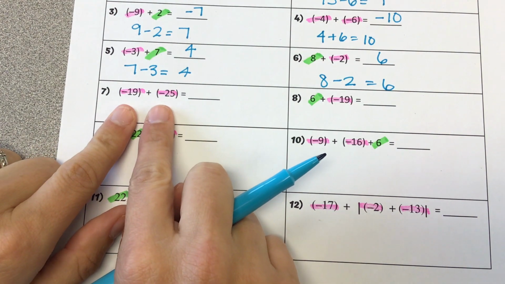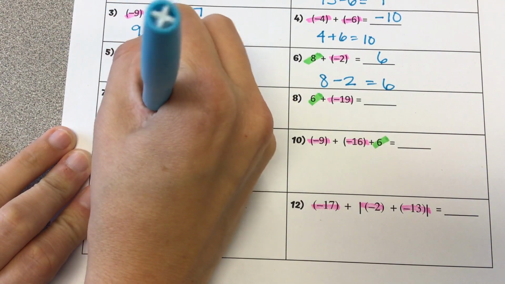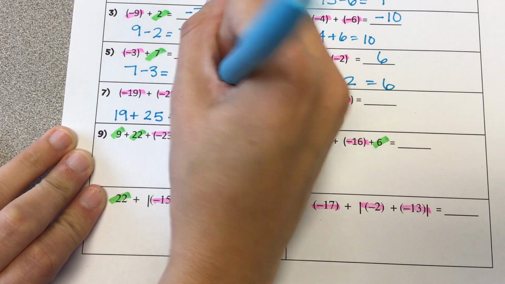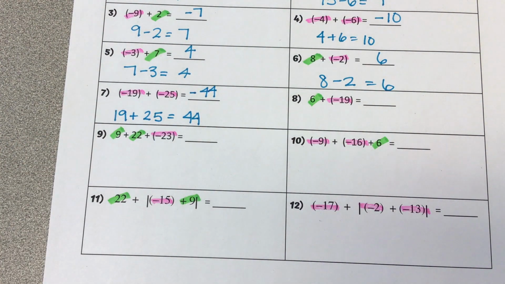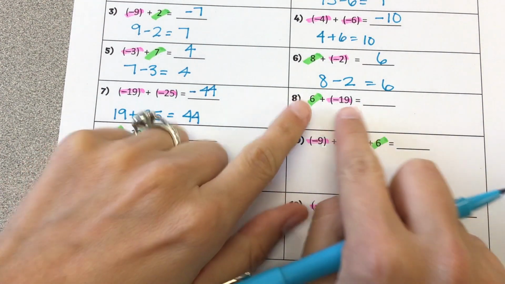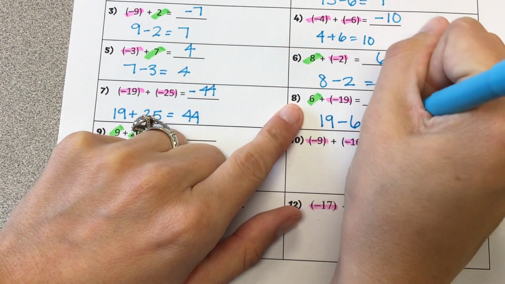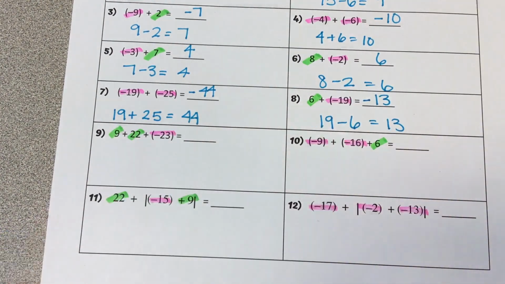Here they are the same. Same means sum, so I'm adding 19 plus 25, which equals 44. Since we were adding negatives, it's negative. Here we've got the opposites, so we're going to find the difference. The bigger number was negative, so it's negative.